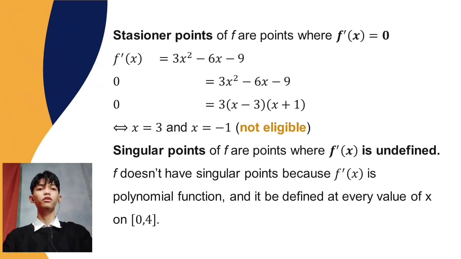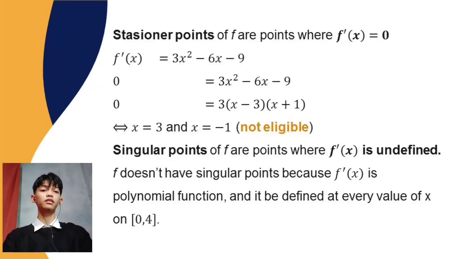Then stationary points of f are points where f prime of x equals 0. If f prime of x equals 0, so 0 equals 3 times x squared minus 6x minus 9. And then we factorize that equation to find the roots.